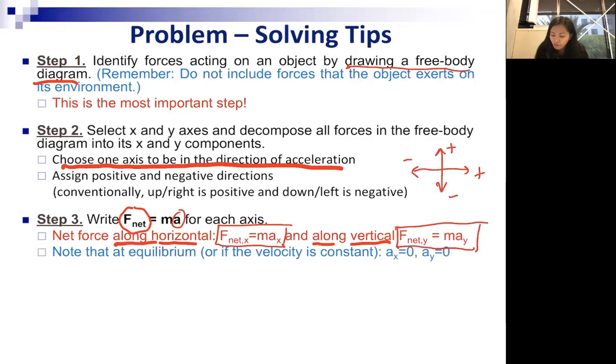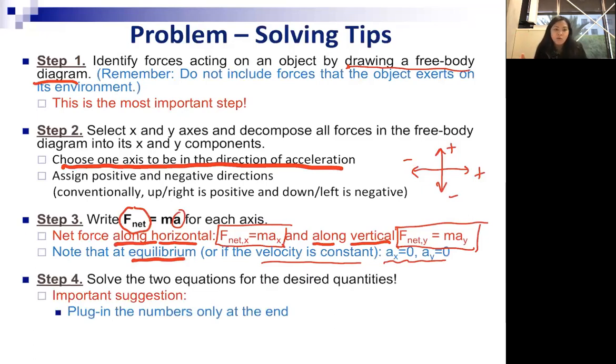And remember that if your object is at rest or moving with a constant velocity, then acceleration is equal to 0. And then finally, once you've set up Newton's second law of motion equation, F net equals mass times acceleration, then you can solve whatever's being asked.